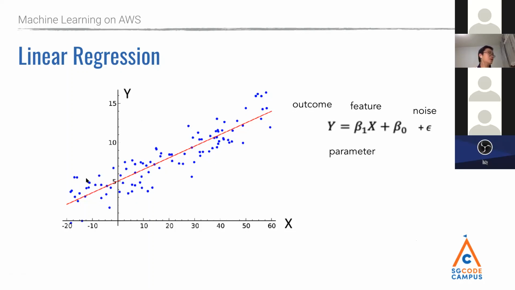A linear model assumes that x and y have a linear relationship. We are supposed to build a model that will fit this data, and this model is in the form of y equals beta 1 x plus beta 0, where beta 0 is the intercept, plus epsilon, which is a noise.